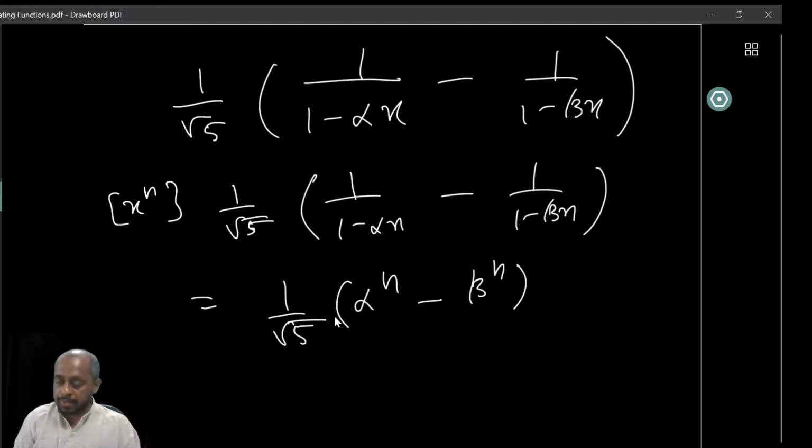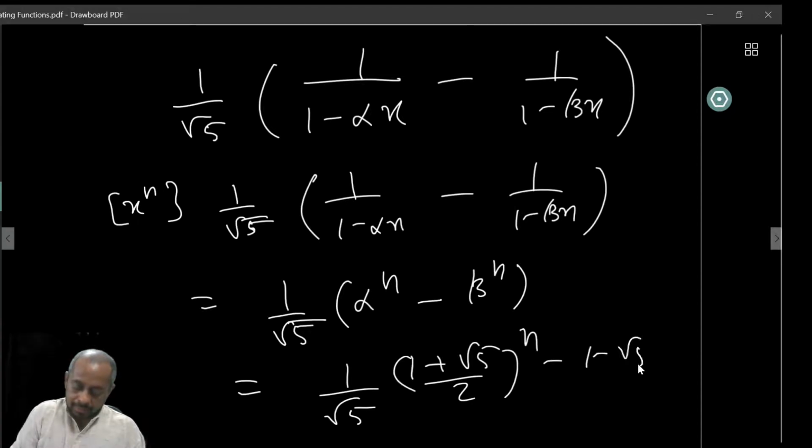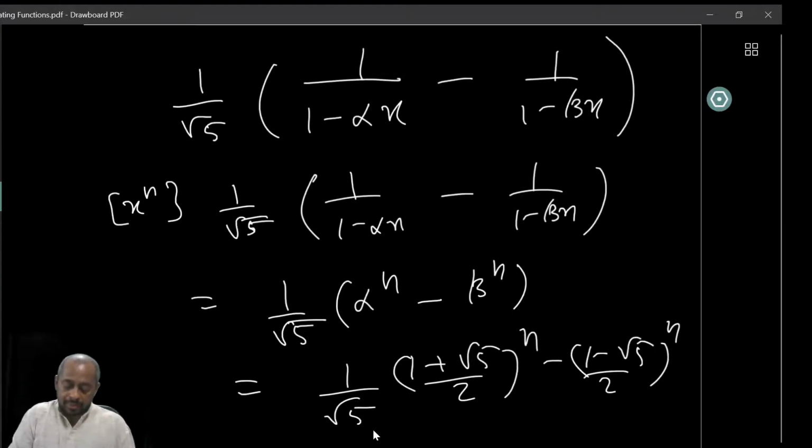So what you are saying is that this is basically 1 plus square root of 5 by 2 whole raised to n minus 1 minus square root of 5 by 2 whole raised to n. So 2 we can take out if you want. So we'll get 1 by 2 raised to n square root of 5 times 1 plus root 5 raised to n minus 1 minus root 5 raised to n.